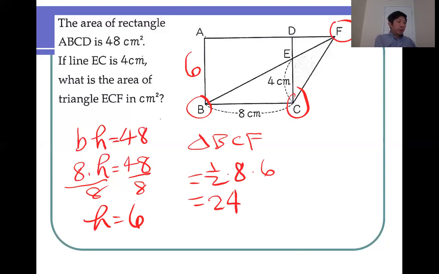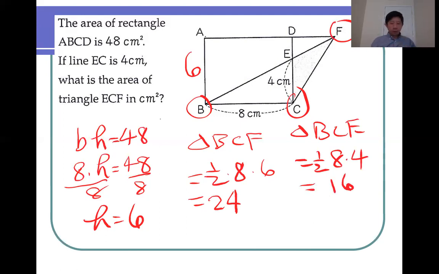Now, BCF is equal 24. Now, what about the area of BCE? Triangle BCE, 1/2 base times height, which is equal 16, right?